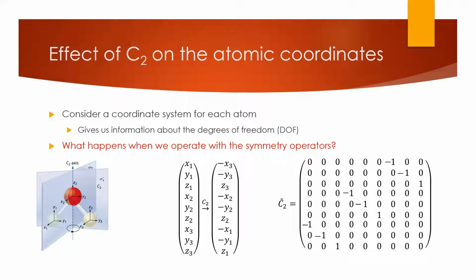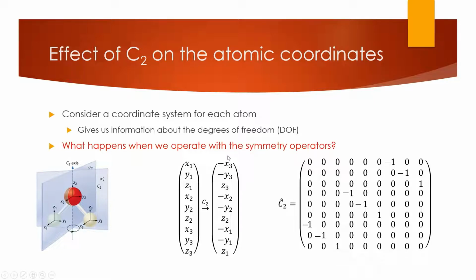So for C2, we come up with the following matrix. So we need to multiply x1, which goes into this first column, by something to return negative x3. And so each of these columns in this matrix is a different dimension. So we have x1, y1, z1, x2, y2, z2, x3, y3, z3.